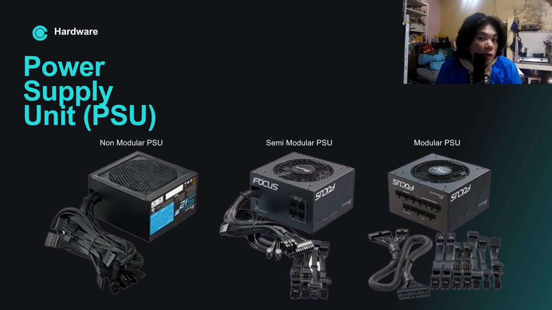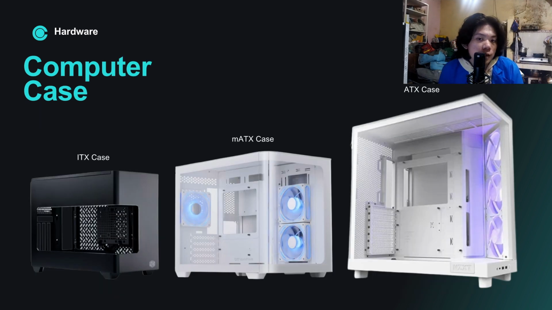There's a semi-modular PSU where the cables that are connected are only the ones that you will always be using, like the 24 pin, the CPU pin, and the PCIe. And then there's a modular PSU where every cable you can customize, so it's really easy to cable manage.